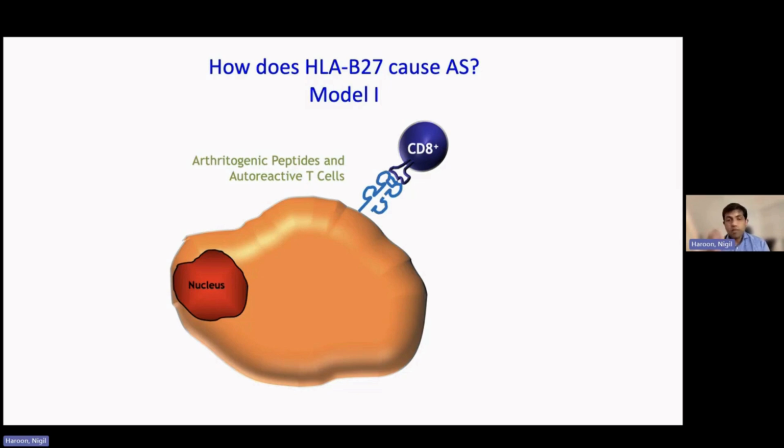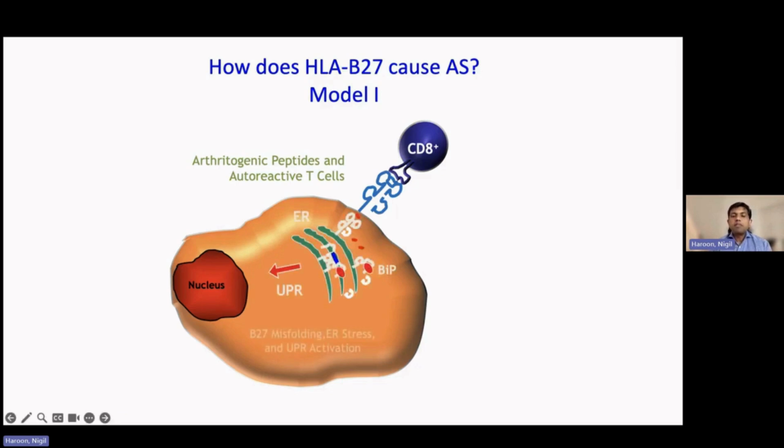Maybe it is cross-reacting with an antigen in the eyes causing iritis. So that may be one of the mechanisms, and it is called the arthritogenic peptide hypothesis, because maybe this peptide is arthritogenic, or can elicit arthritis or cause arthritis.